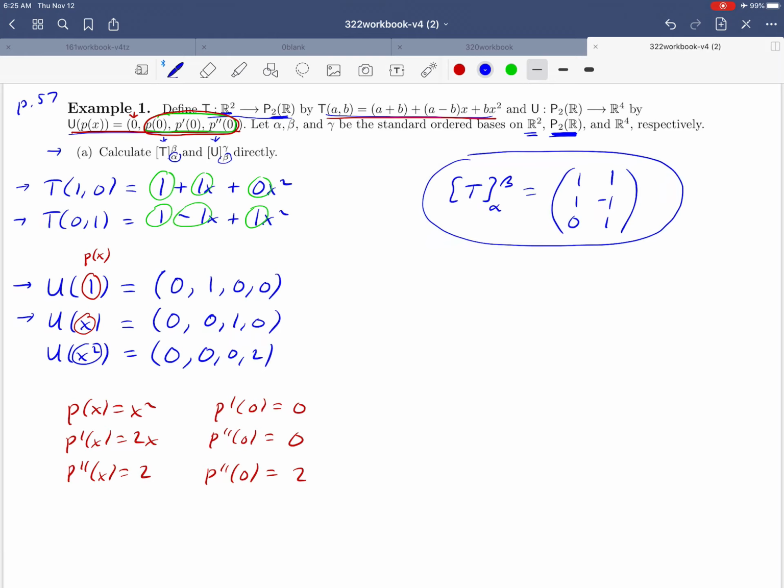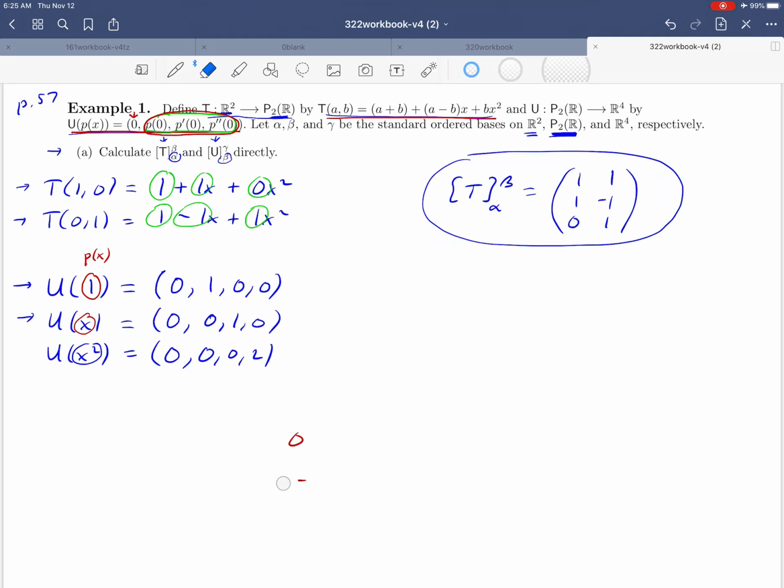So we've got our three outputs. How do we make our matrix for u now? That's the next question here. Well, take a look at what the basis is for our outputs. When we look at this matrix for u, output basis is gamma.